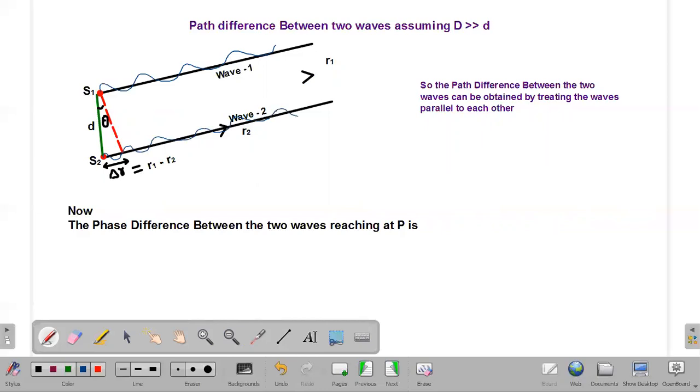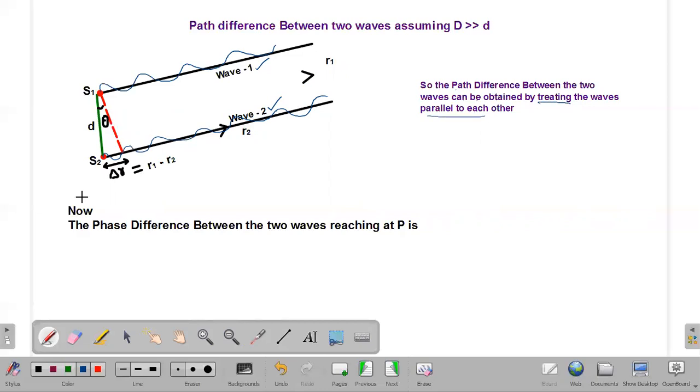these two waves are traveling in a parallel direction. So if you consider wave 1 and wave 2 from slit S1 and slit S2 to be nearly parallel, then the path difference between the two waves can be obtained by treating the waves as parallel to each other.